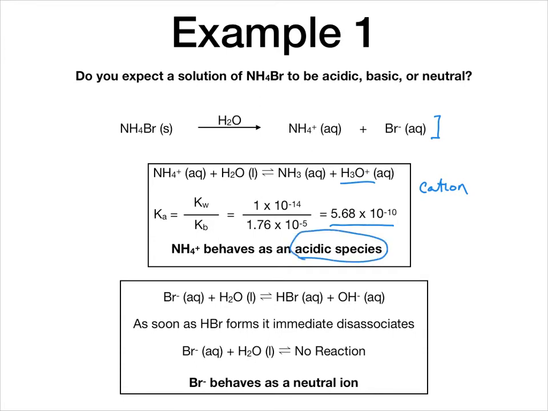The bromide forms HBr, which is a strong acid, so HBr does not remain in solution, and that proton immediately goes back into solution, resulting in no reaction, and my anion is behaving as a neutral species.